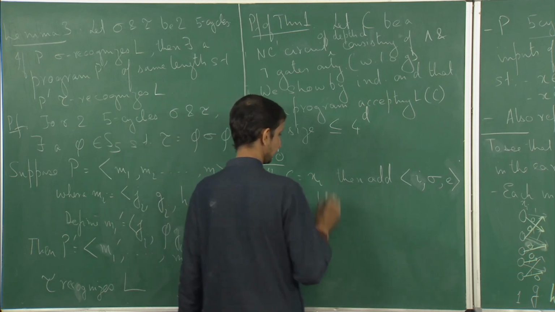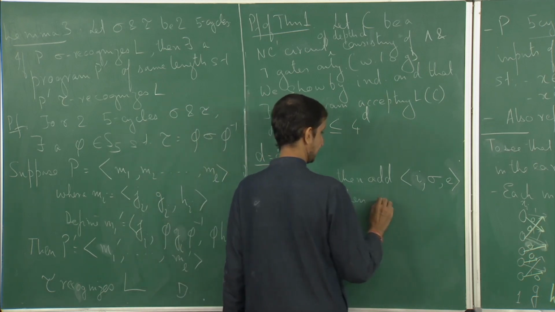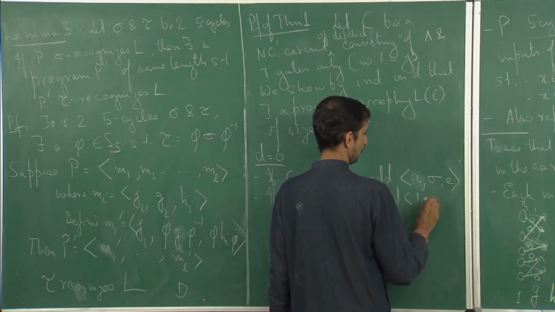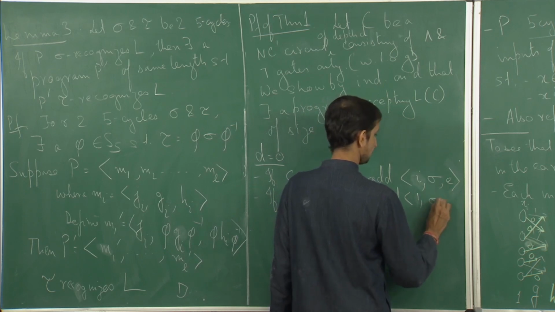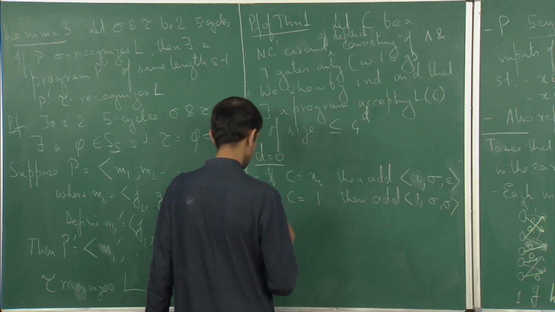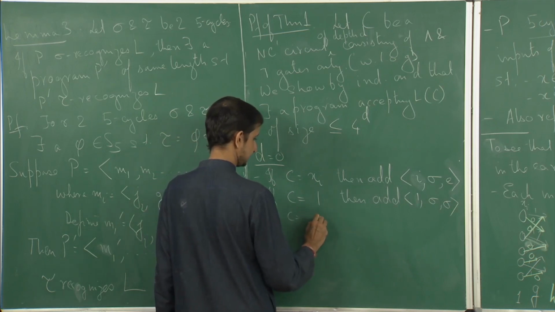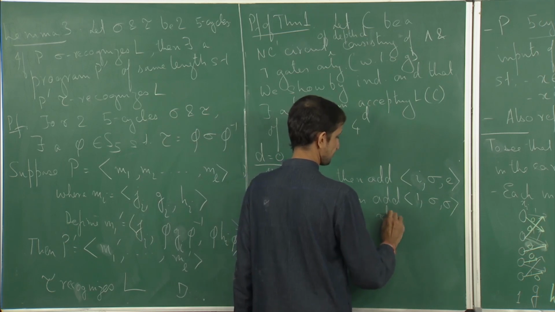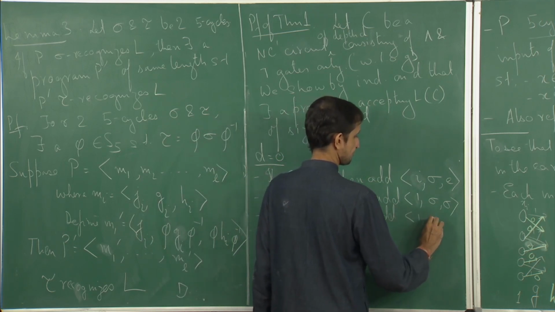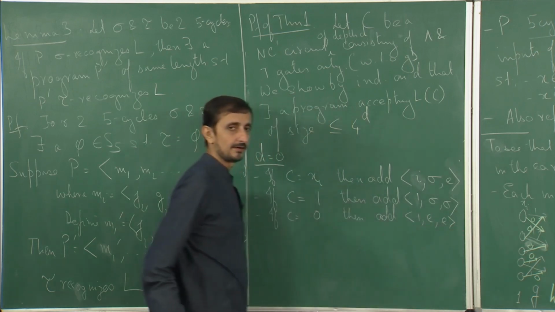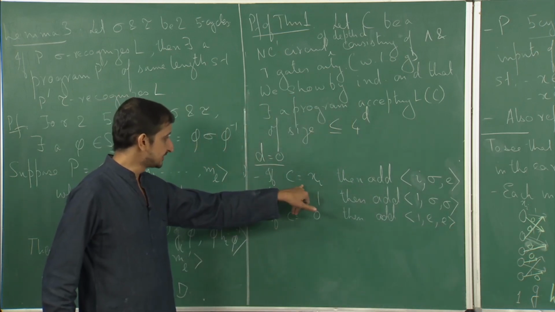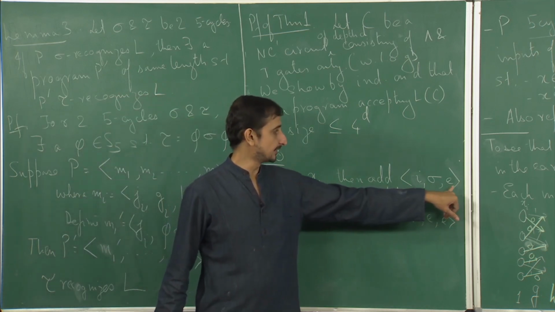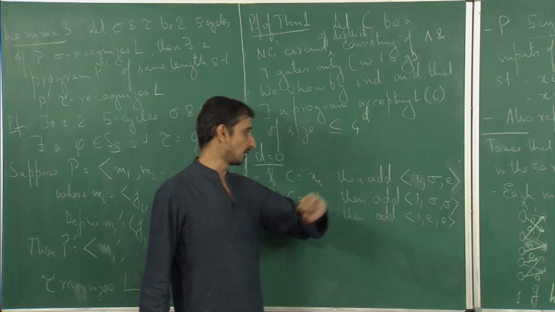If C is the constant 1, then add (1, sigma, sigma). If C is the constant 0, add (1, E, E). It is easy to see that if C is just a variable xi, then if xi is 0, this instruction would output E. If xi is 1, the instruction would output sigma.